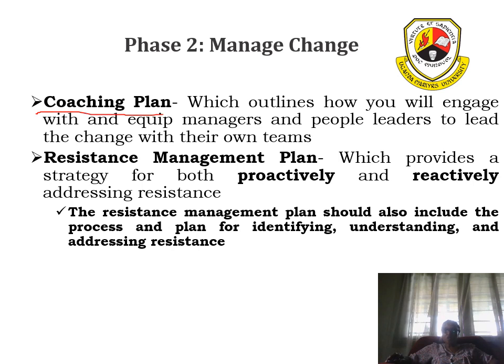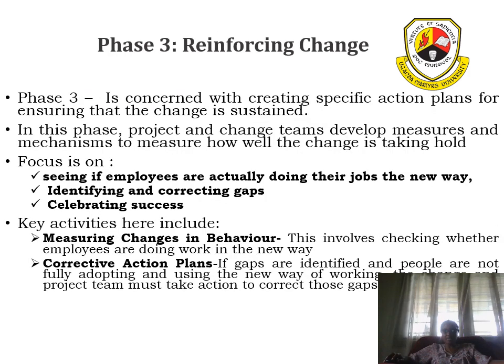The importance of the sponsorship program or roadmap is you have the coaching plan, those who are taking leadership, who are part of the team that are training their colleagues. You have here the resistance management. It is during the implementation that you proactively deal with those who are basically impacted the most. The stakeholders, you proactively and reactively address any resistance at this time in phase 2.